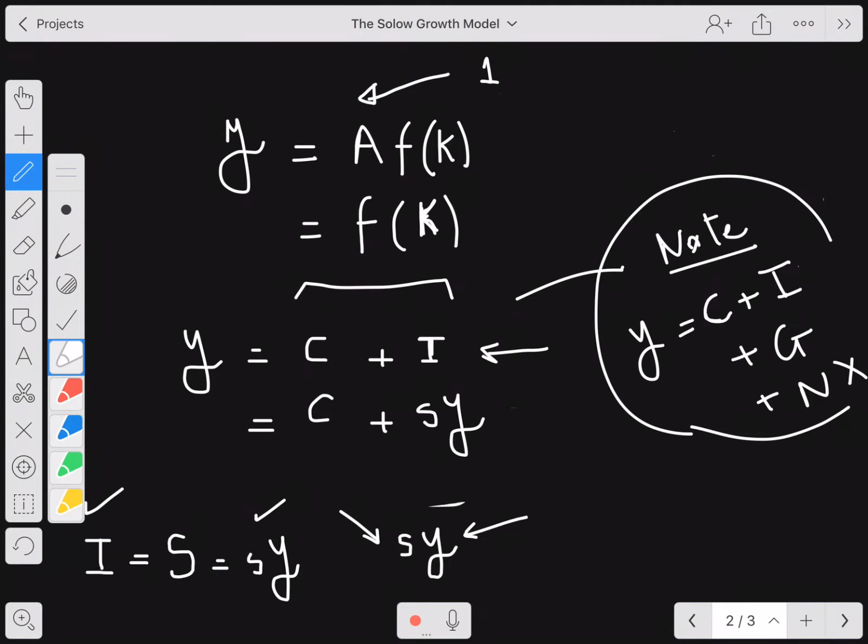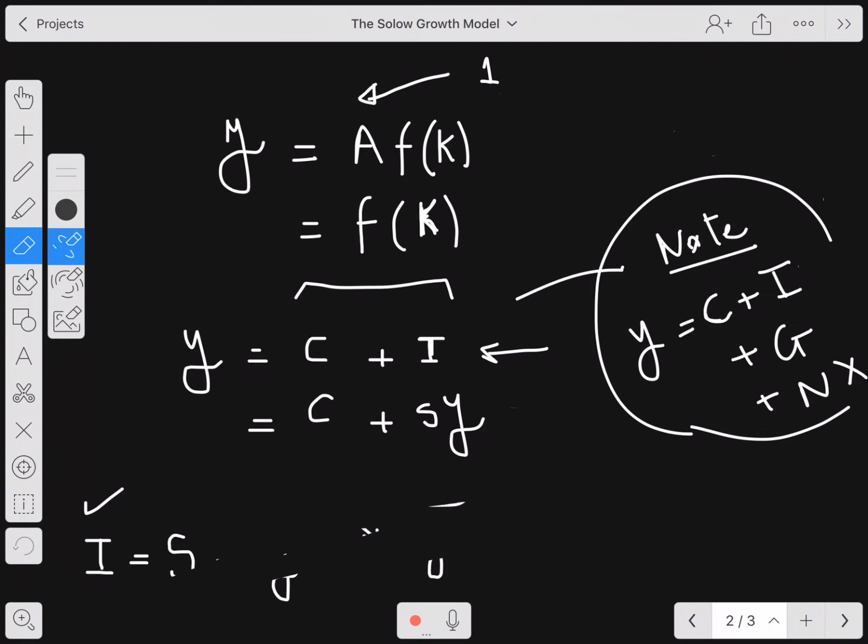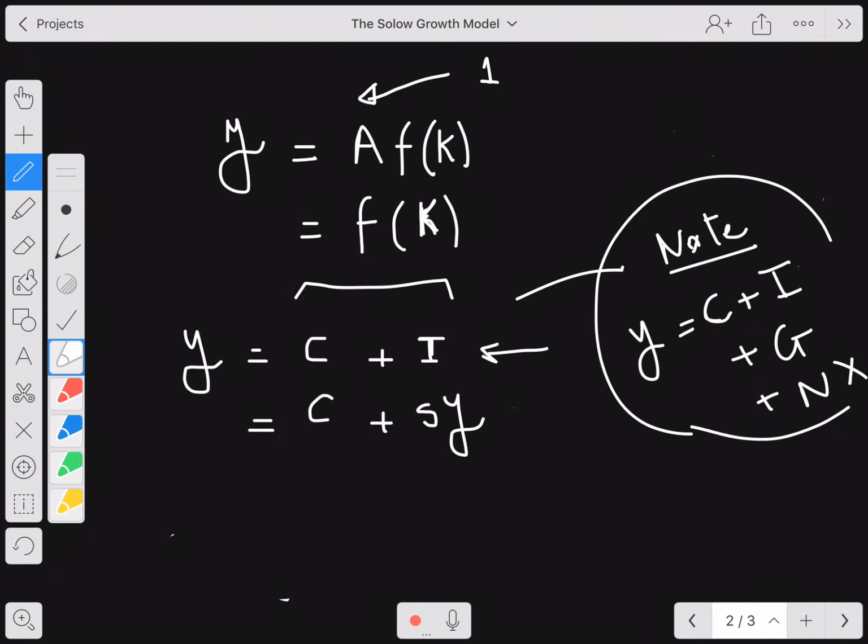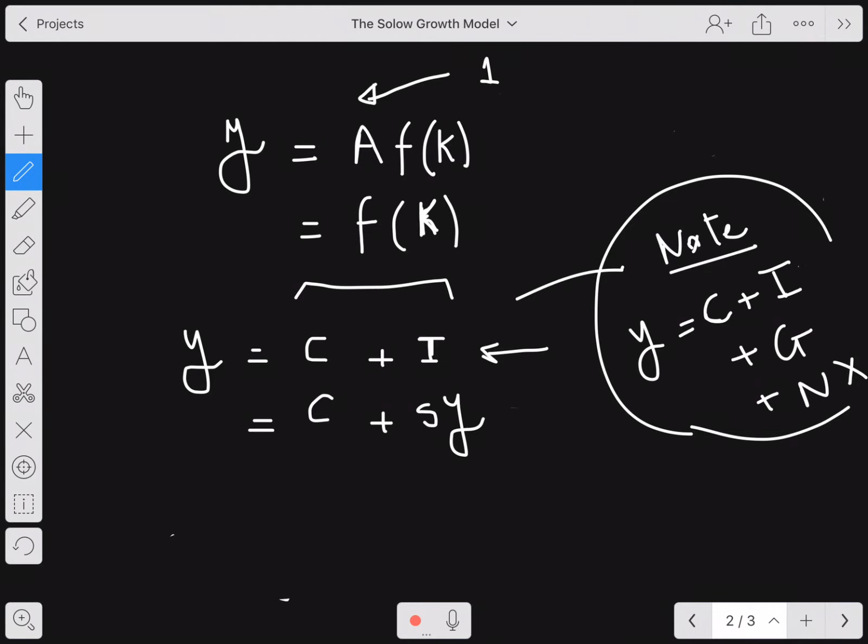You can also write it this way. Given that I can write Y as F of K, I can also rewrite this as C plus small s times a function of the capital-labor ratio.